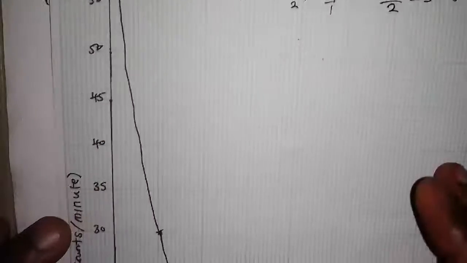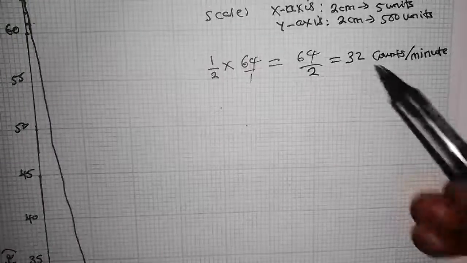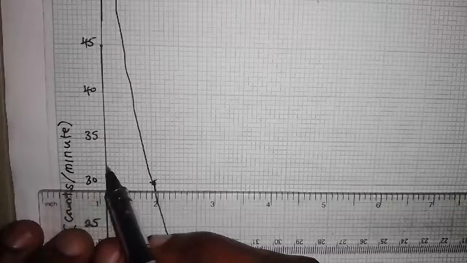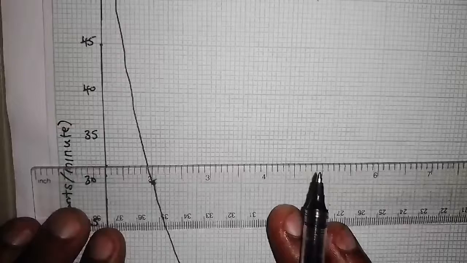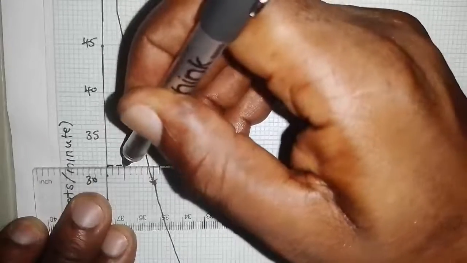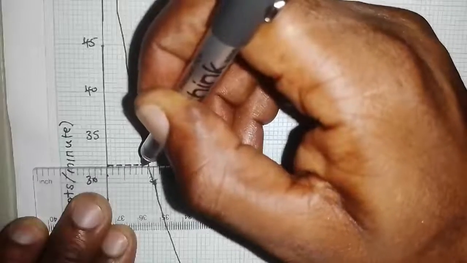Now what you do is you get your graph. The counts are on the y-axis. You have to locate where there is 32, and you get your ruler to do that. So this is 30, 31, 32 there. You get your ruler, and draw a dot, thereby meeting the curve.